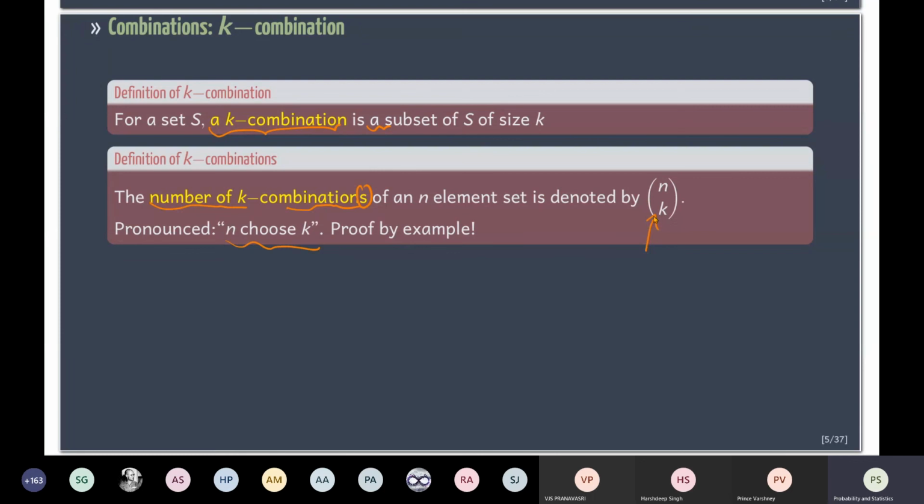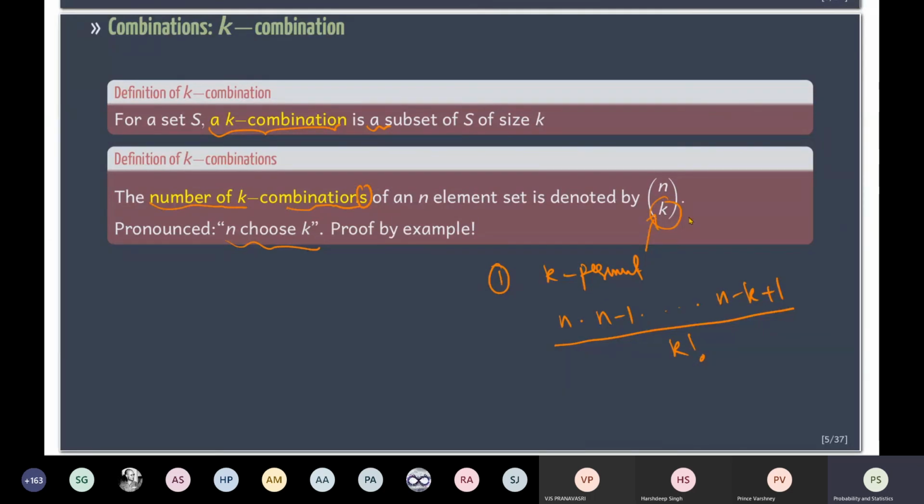The proof of this is evident from our previous example. Since permutation cares about ordering but combination says you should not, we have to divide by K factorial, factoring out those orderings.